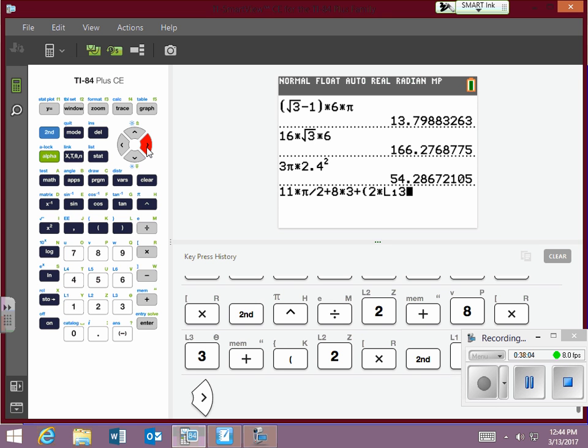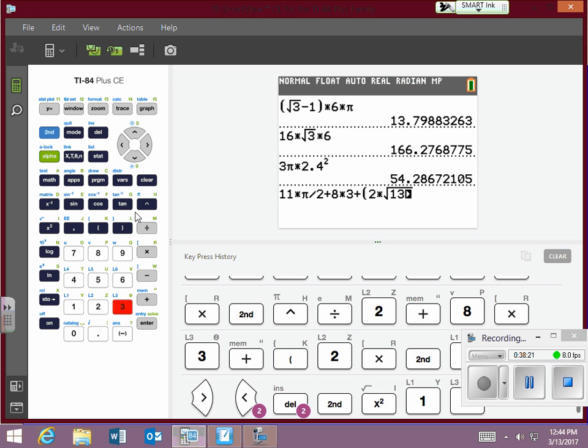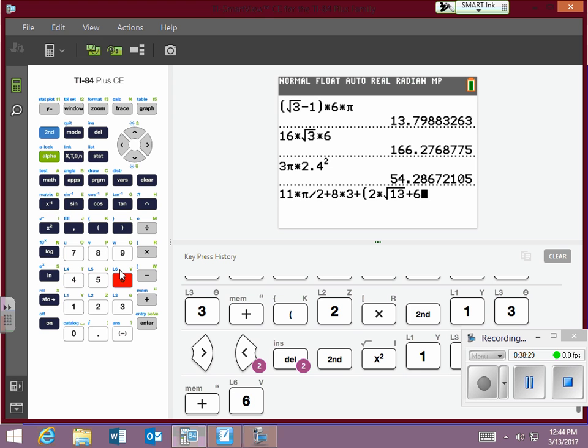What did I do? Delete. Okay, 2 times the square root of 13, plus 6, close the bracket, times 5.